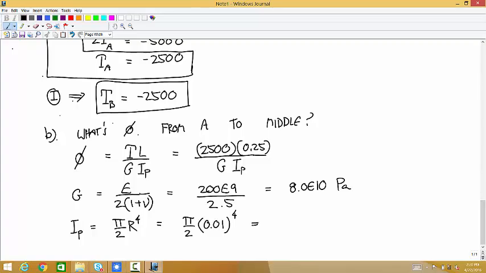Okay, so what do you get for that? 1.571 times 10 to the negative 8. Yes. And that has units of meters to the 4th.